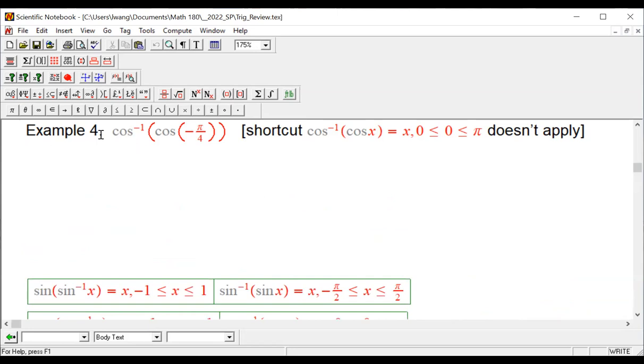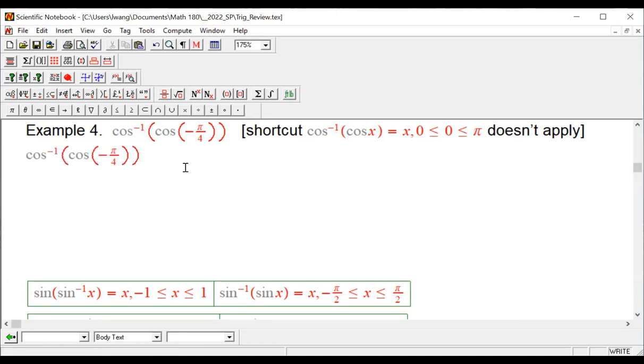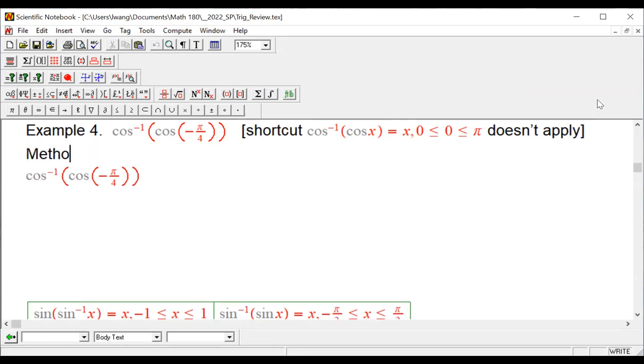Then what do you do? There are a couple of ways to do it. Actually, I will show you. First of all, you do it from inside out. Method 1, you just do it inside out, layer by layer.